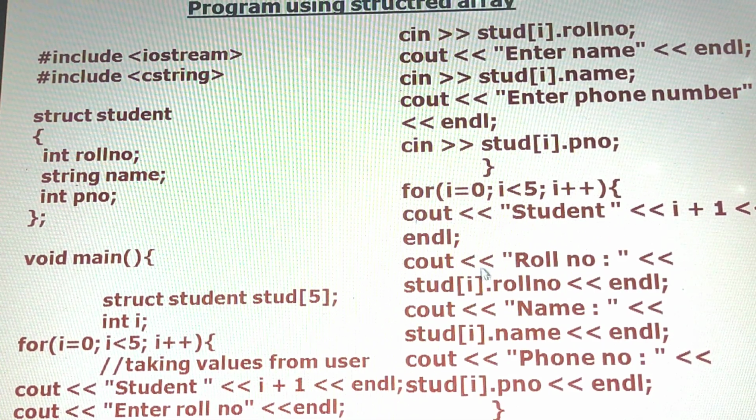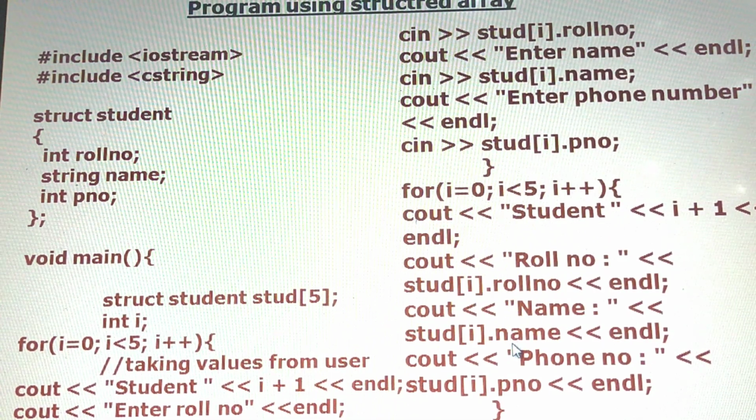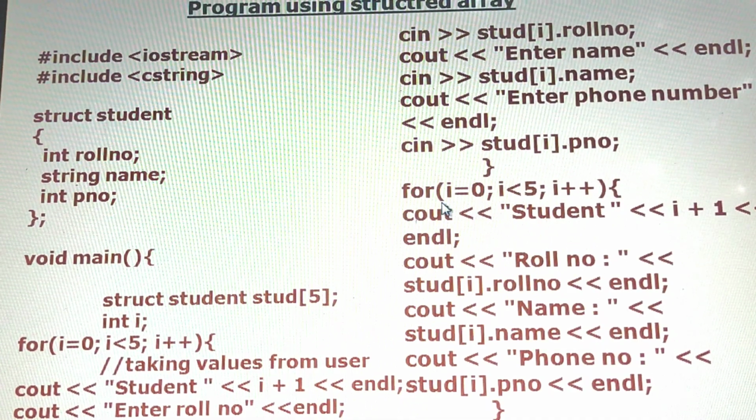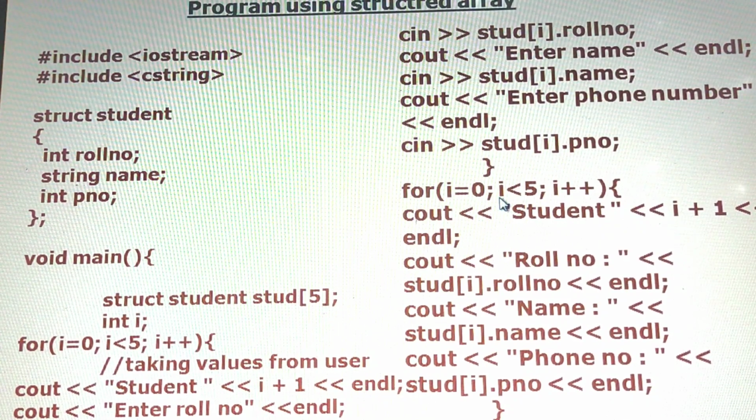Now the same information we have to display on the screen using the array of structure. That's all. We use the for loop statement to print the same. The same method we can repeat using the for loop statement.